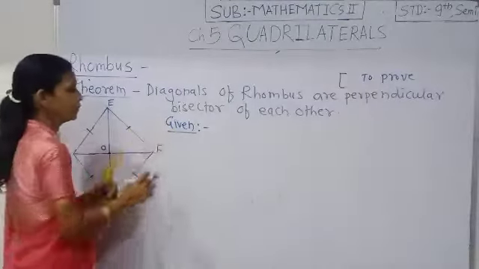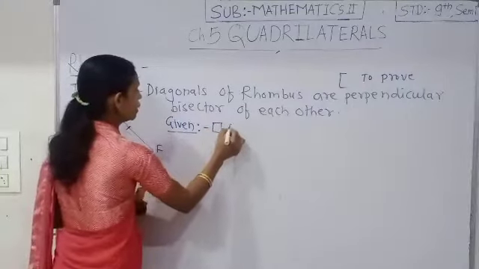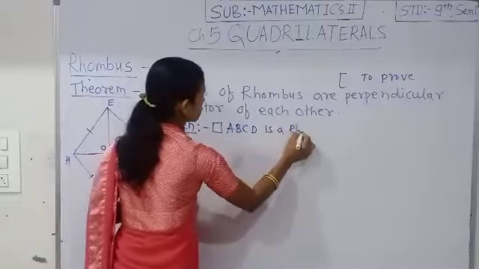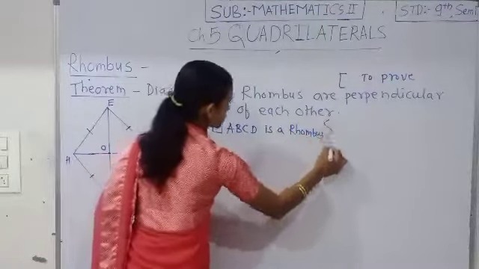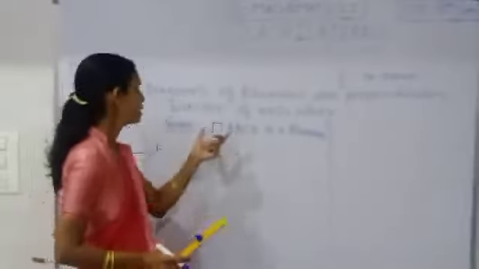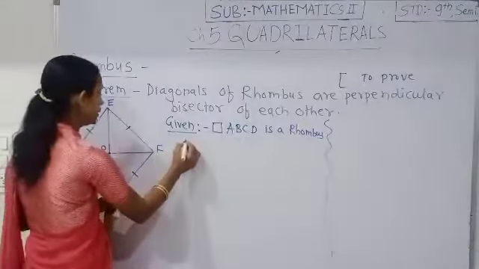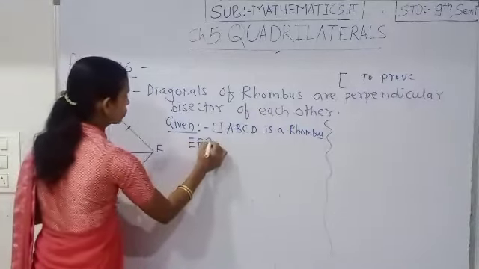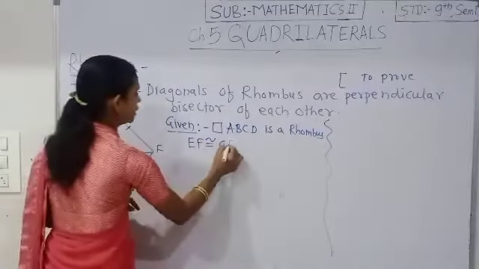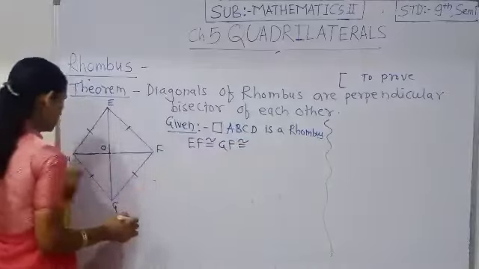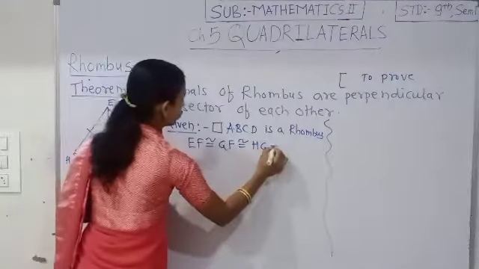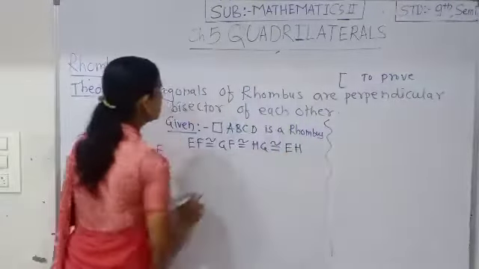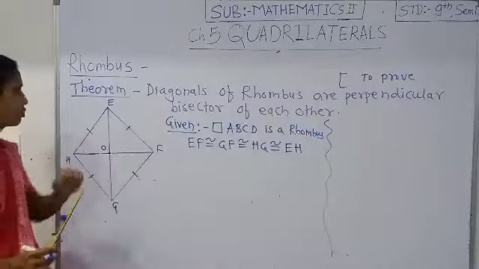The diagonals of a rhombus are perpendicular and bisectors of each other; that is the part we have to prove. Therefore, in the given: quadrilateral EFGH is a rhombus. As it is a rhombus, we can write the property of the rhombus: EF is congruent to GF, congruent to HG, congruent to EH. That means all sides of the rhombus are congruent.